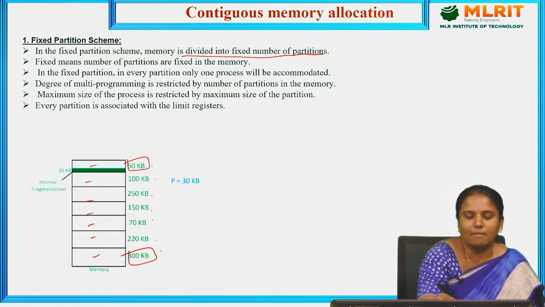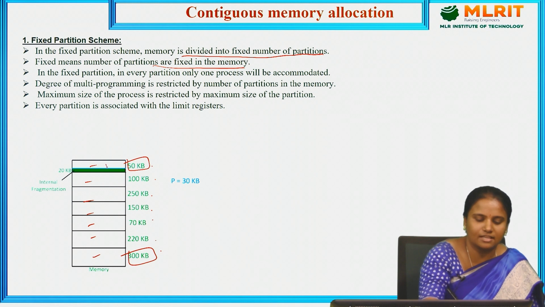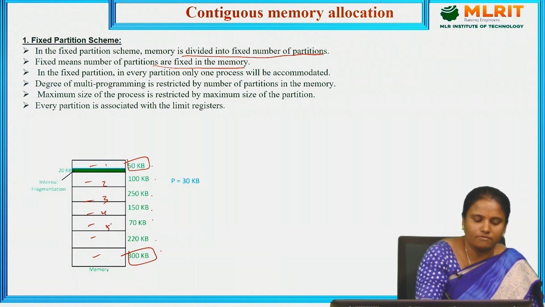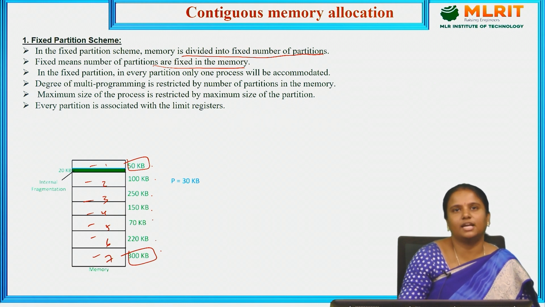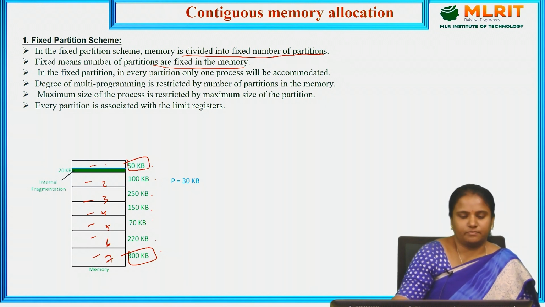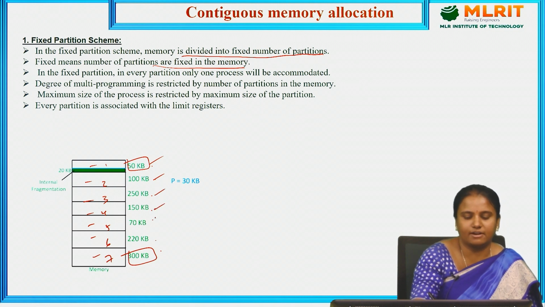Fixed means the number of partitions in the memory is fixed. So how many partitions are there? 1, 2, 3, 4, 5, 6, 7. So 7 partitions are fixed, and each is allocated some memory size: the first one is 50 KB, then 100, then 250, then 150, then 70, then 220, then 300.